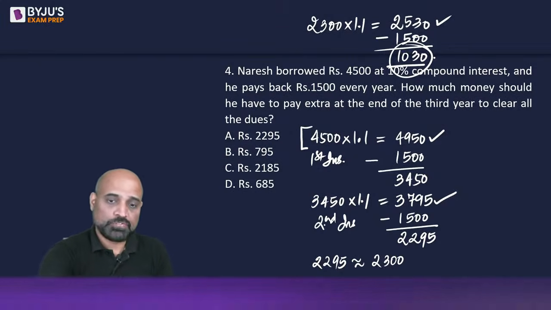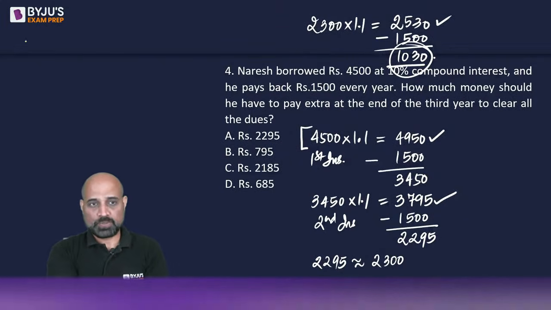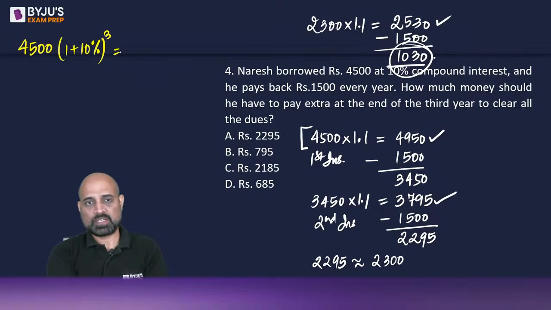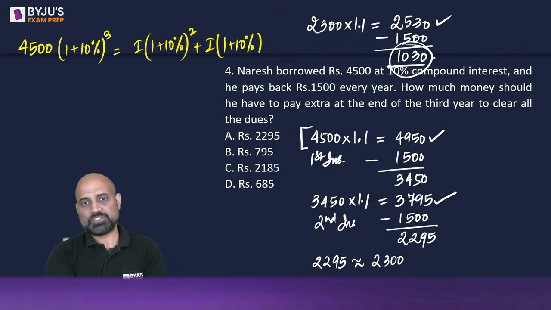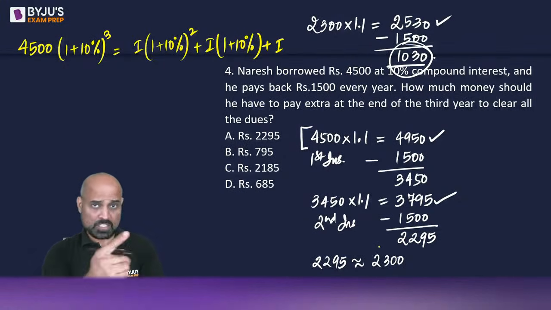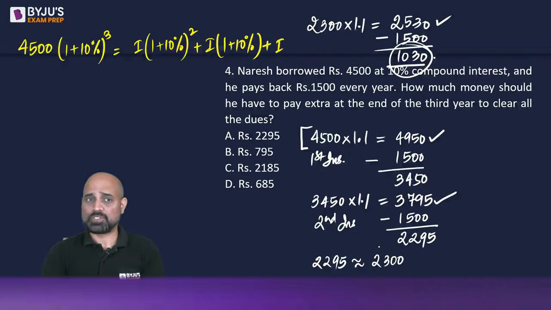If I use the formula for compound interest, it's going to look like 4,500 into 1 plus 10% whole to the power 3 is equal to first installment into (1 plus 10%) squared plus second installment into (1 plus 10%) and the third installment has no interest. They both are the same thing. One is formula, another is simple calculation.